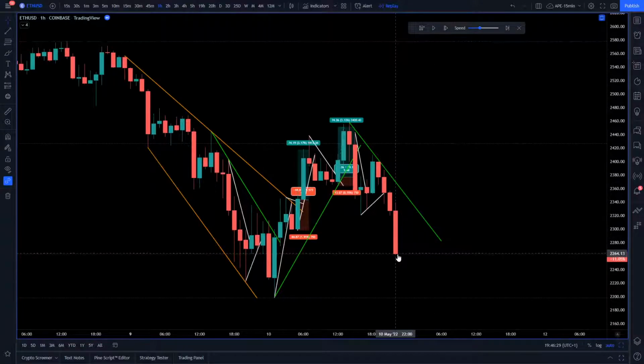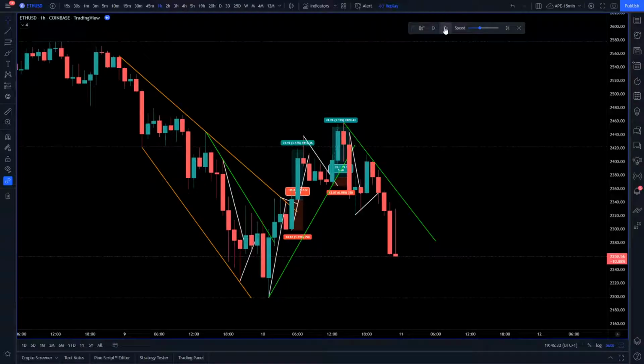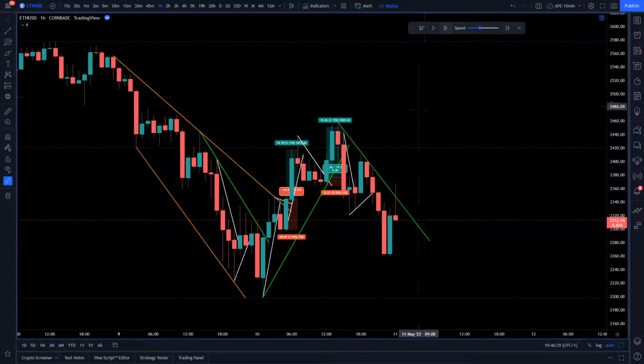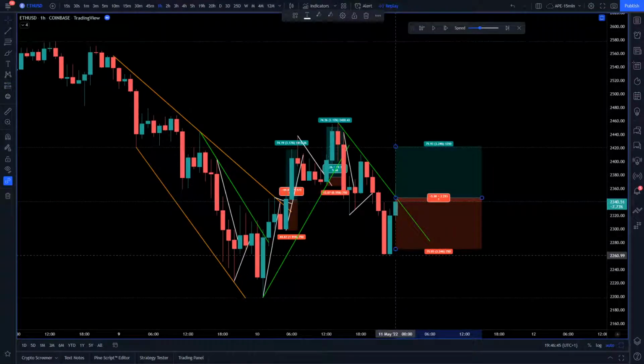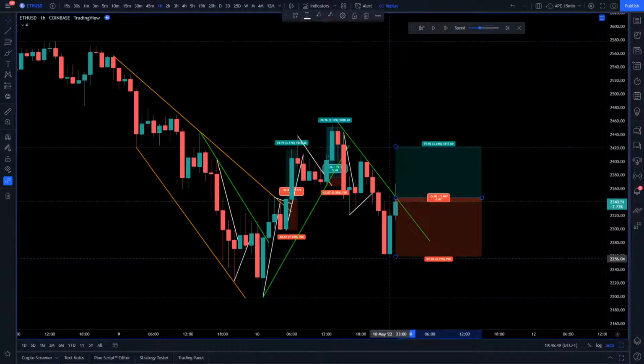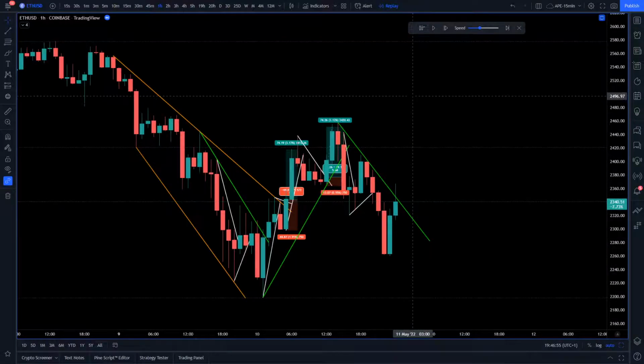At this point, I would be longing, but for this example, I'm not going to do that. And there's a breakout here. If we enter this breakout, then we have to set our stop loss far away at this bottom, and the stop loss is quite huge, more than 3%, so we don't take the trade.